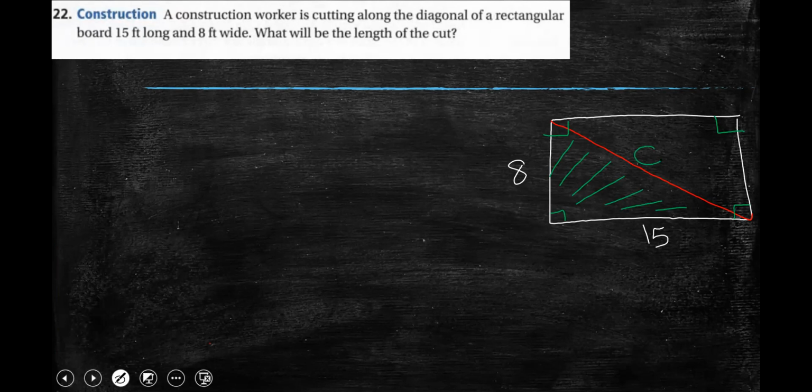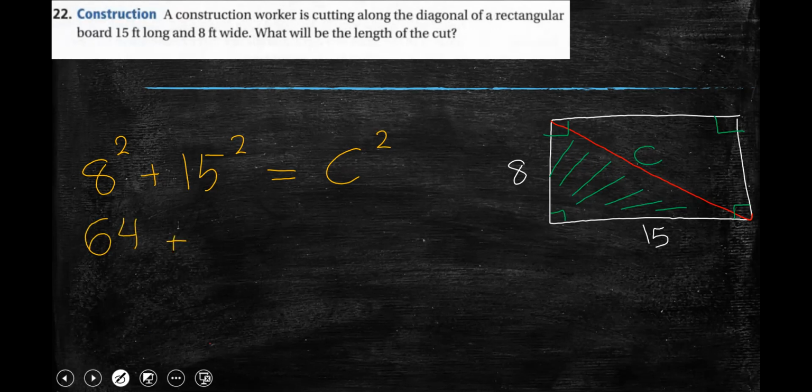So I will now use the Pythagorean theorem. 8 squared plus 15 squared is equal to C squared. This is the Pythagorean theorem. Now 8 squared is 64. 15 squared is 225, equals C squared.